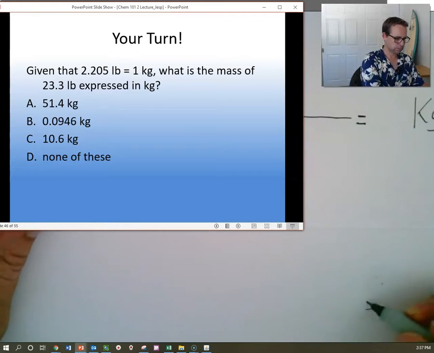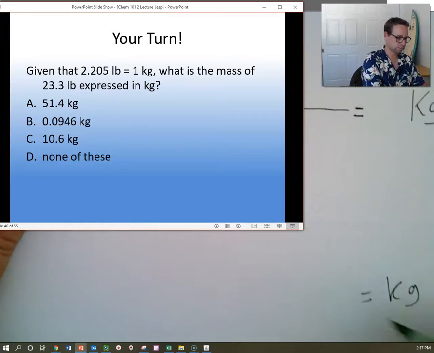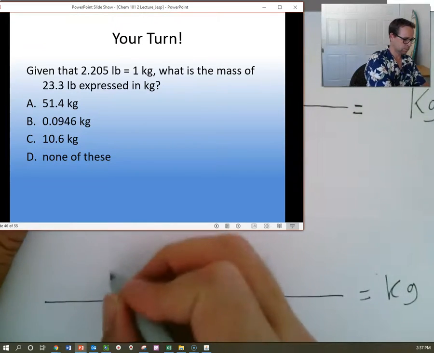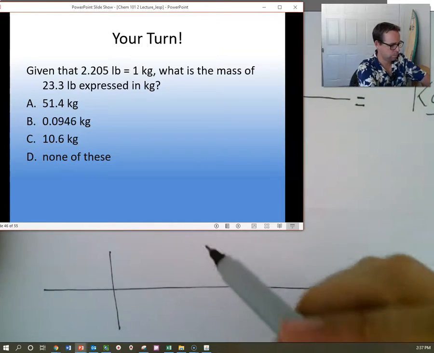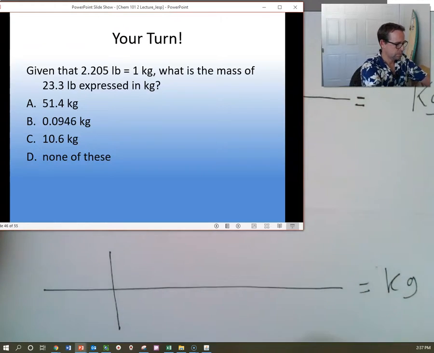Now, would it work if we had inverted all of those? It would just be more complicated, but would still work, right? If we inverted the 2.205 pounds per kilogram, we'd have to invert the other. We'd invert both of them.